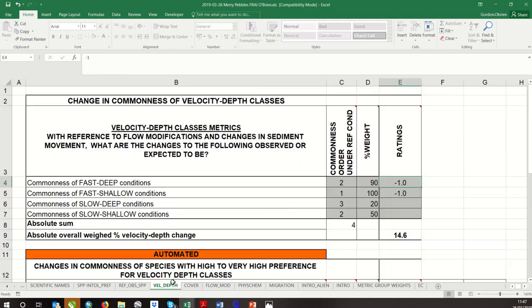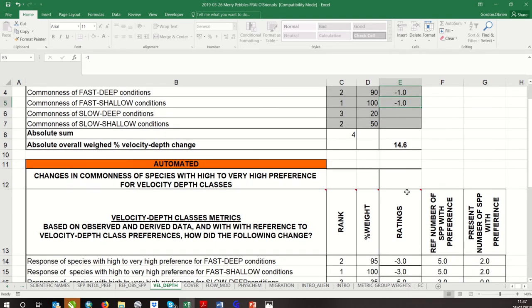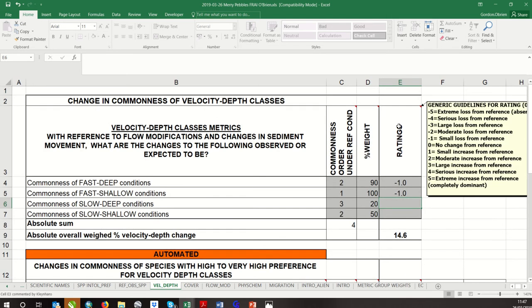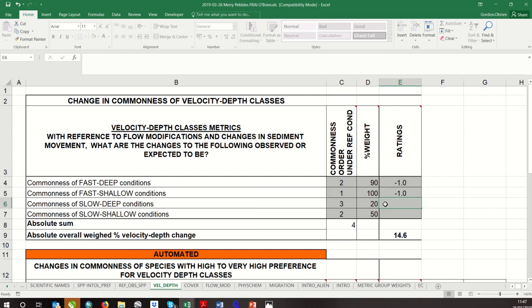Okay, so what I'm going to say here is that -1 and -1 I think is still okay, but in terms of the massive change in fast deep habitats, they were relatively uncommon naturally, but I have lost all of my species that occurred there, so I'm going to give it a rating of -4. Not -5, sorry, -4. And in terms of slow shallow conditions, I still have slow shallow conditions, although they're not very common.